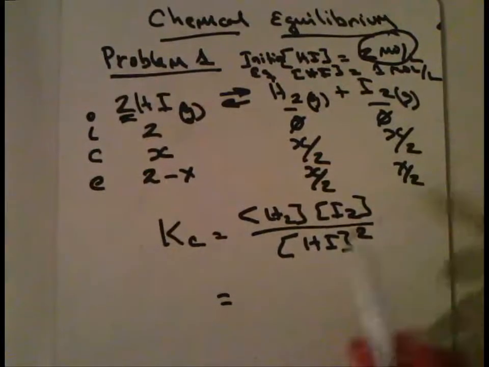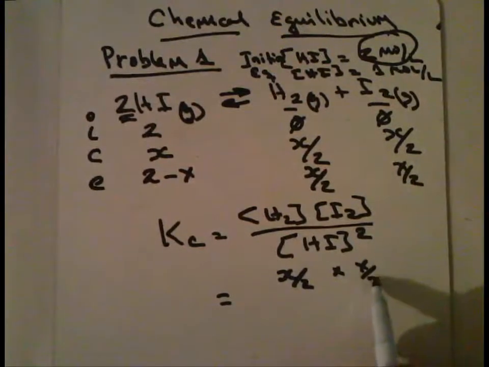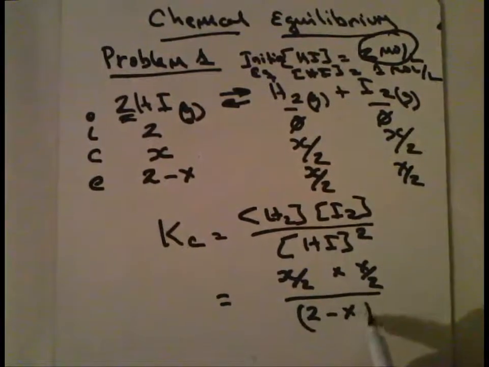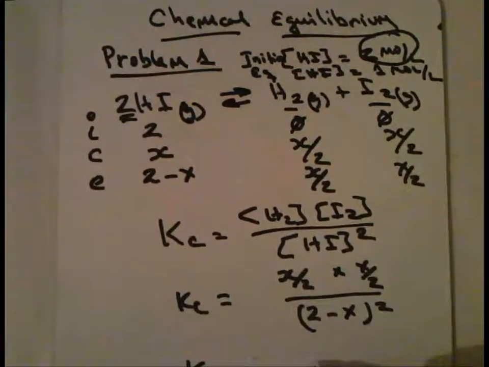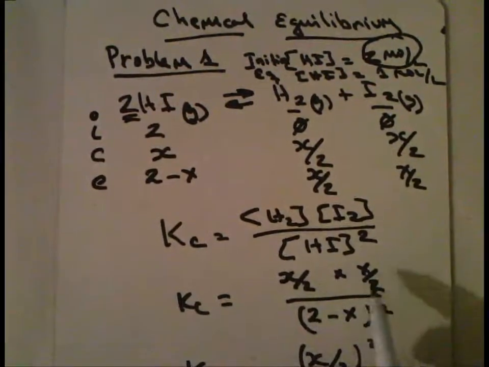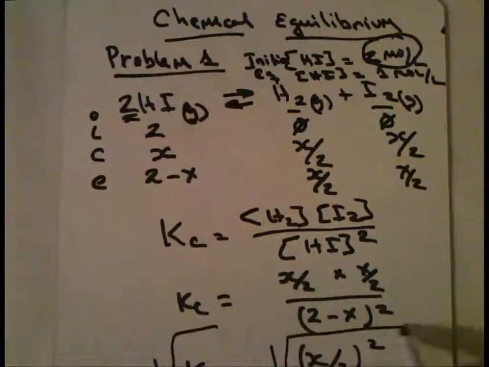So based on this expression, X over 2 times X over 2, over (2 minus X) squared, because we have that square here. So Kc will be (X over 2) squared, because we multiply it 2 times, over (2 minus X) squared. Applying a square root on both sides, Kc will be X over 2 divided by 2 minus X.